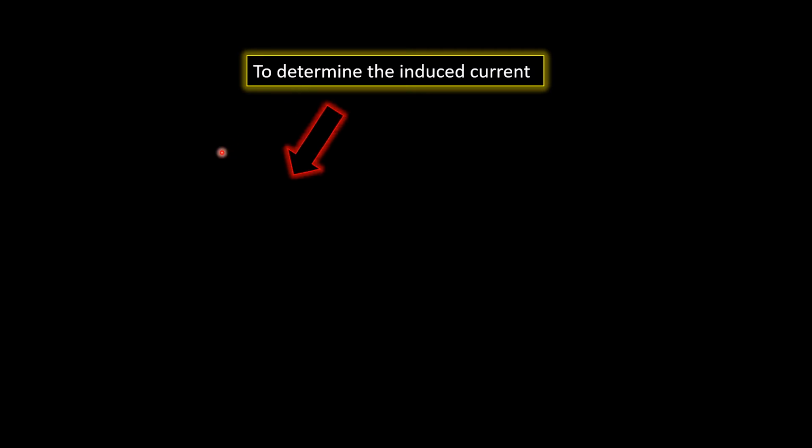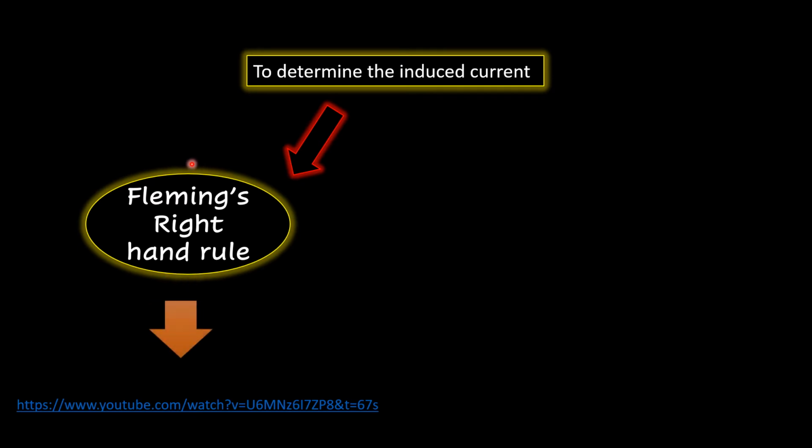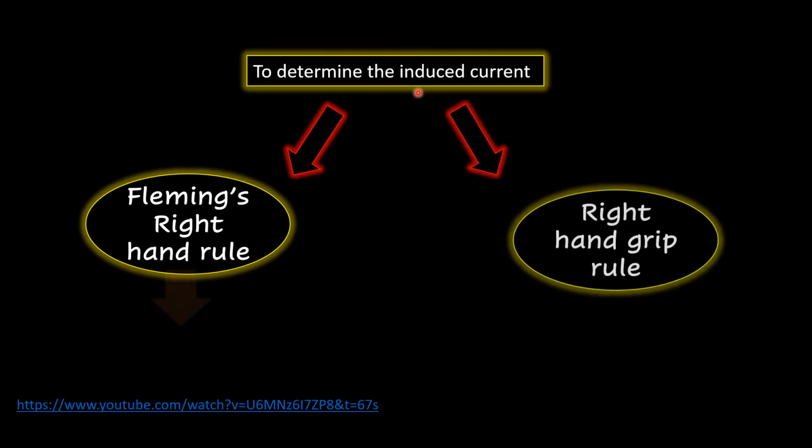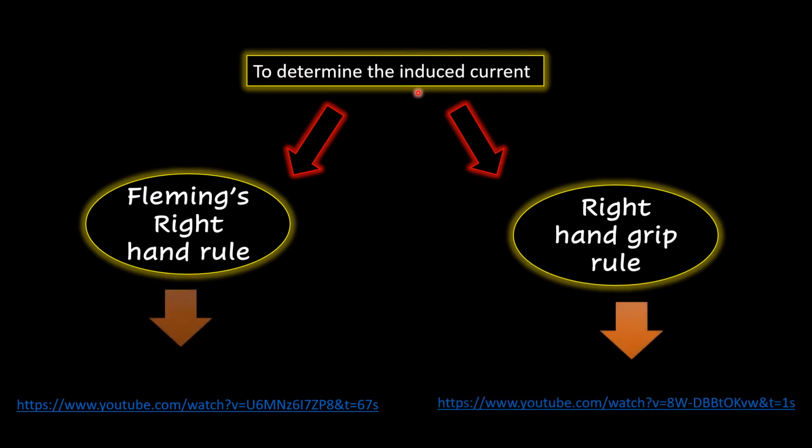The first method is Fleming's right hand rule, which you can find in this link, or I have already put this link in my description box. The second method is by using the right hand grip rule. I also made a video for this method, so you can refer to this link, which I have also attached in my description box.